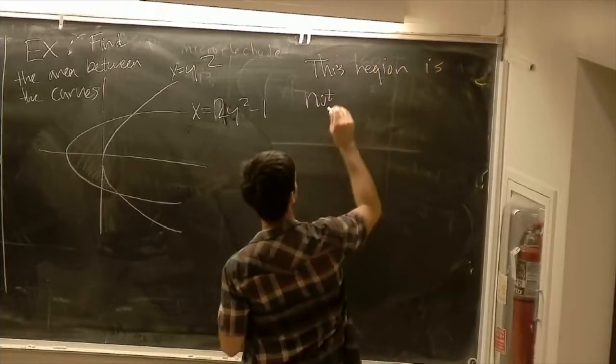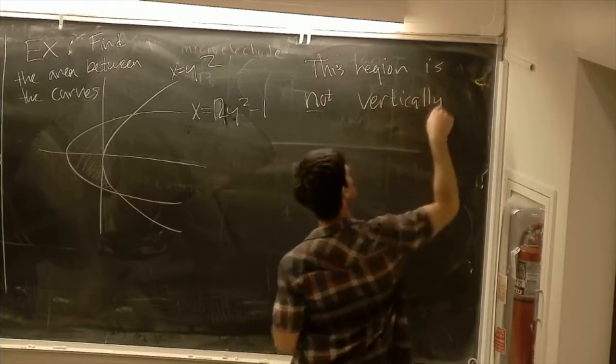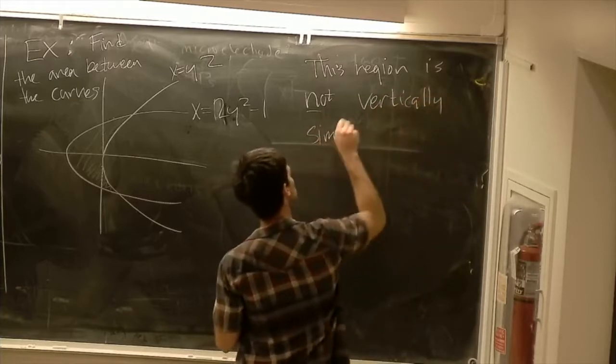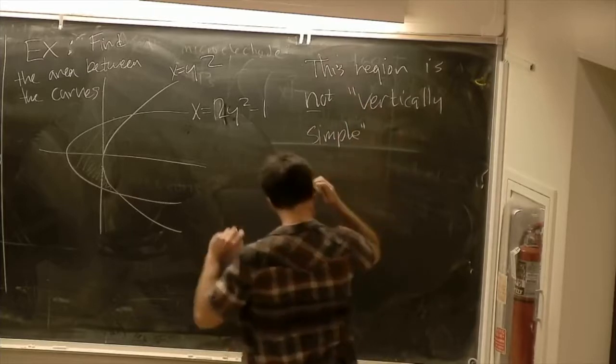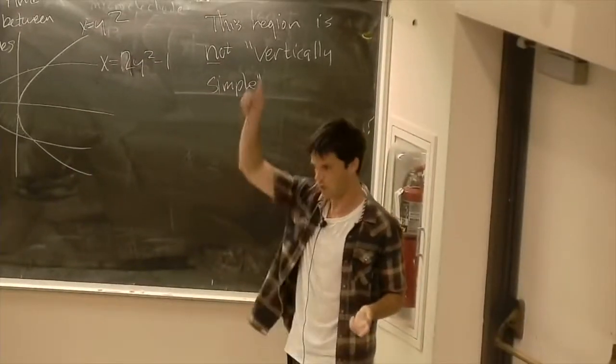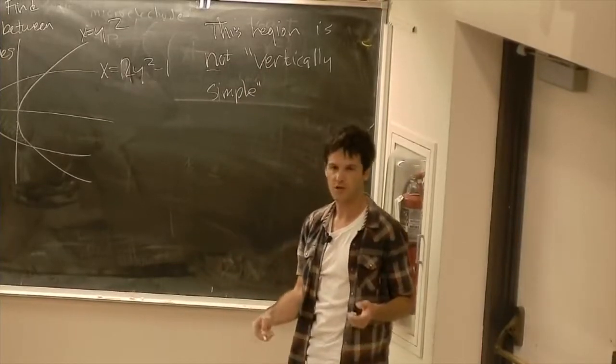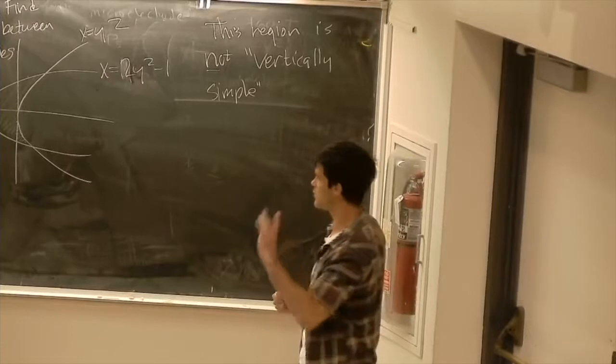So this region is not vertically simple. And what vertically simple means is if you draw a vertical line through your region, it intersects it in only one segment.